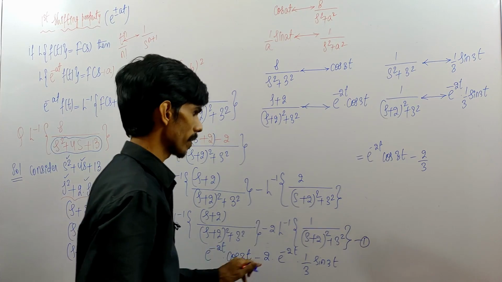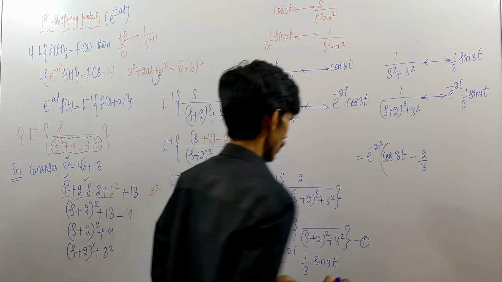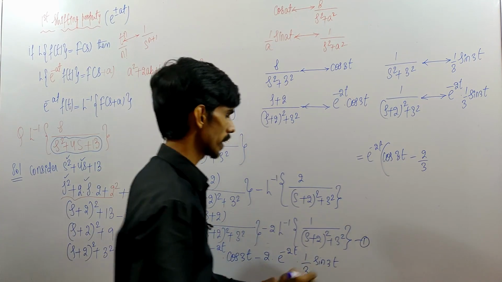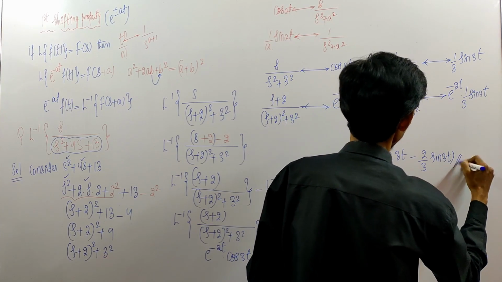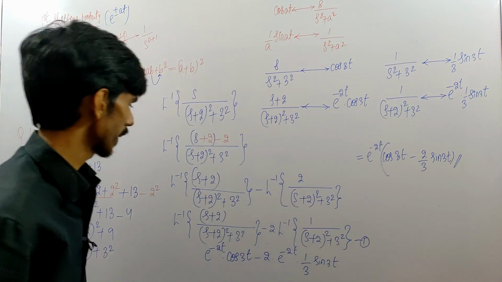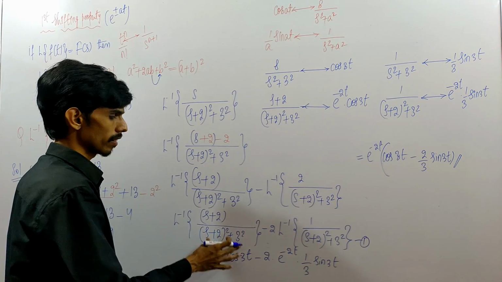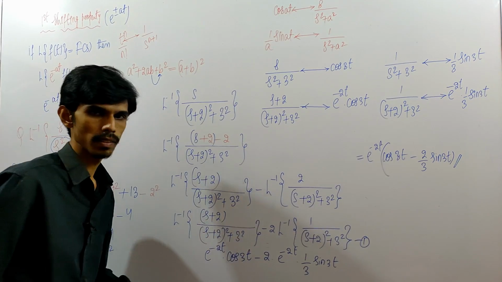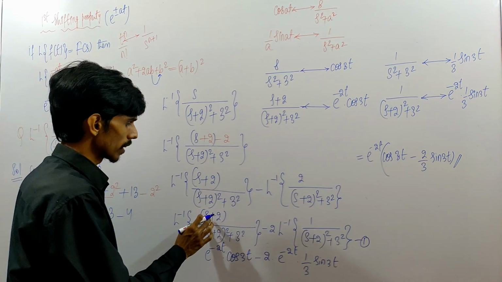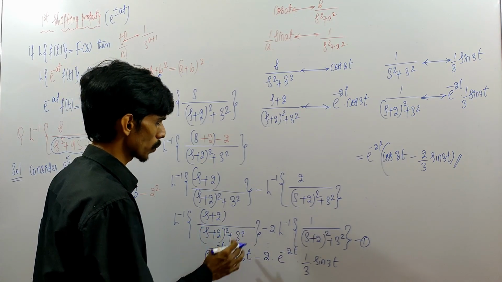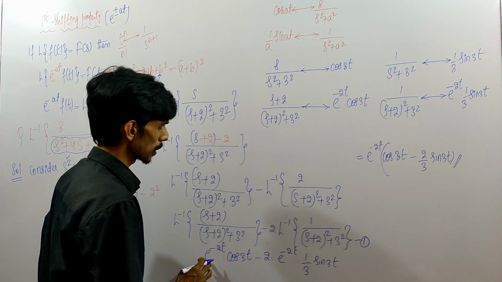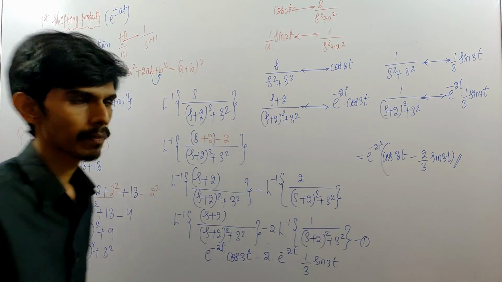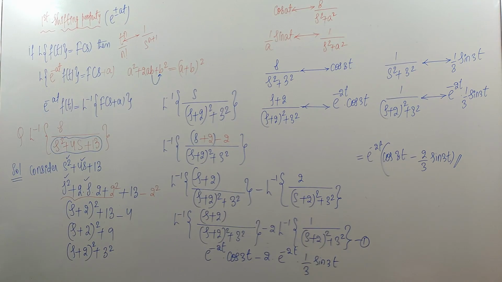We can even take e power of minus 2t common: we have cos 3t minus 2 by 3 sin 3t. We can write this step directly. Just think that s by s square plus 3 square is cos 3t, s is replaced by s plus 2, so we will get the exponential term e power of minus 2t. Now this is the end of this question.